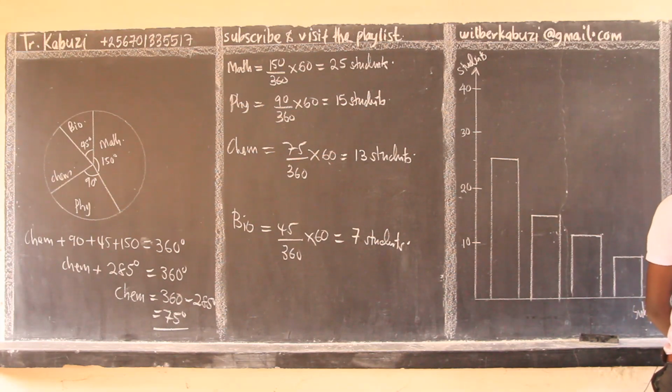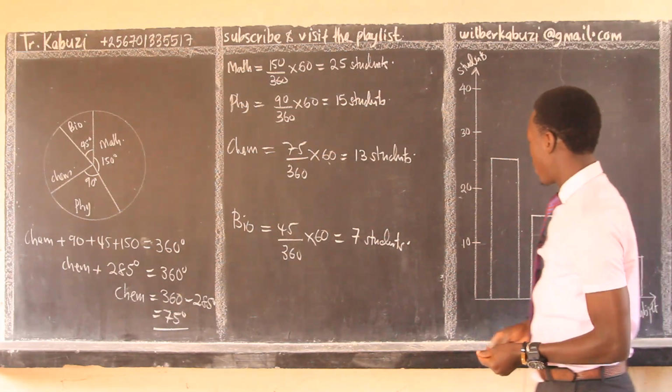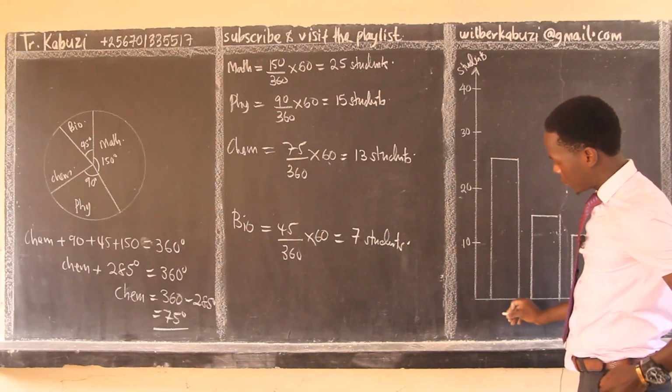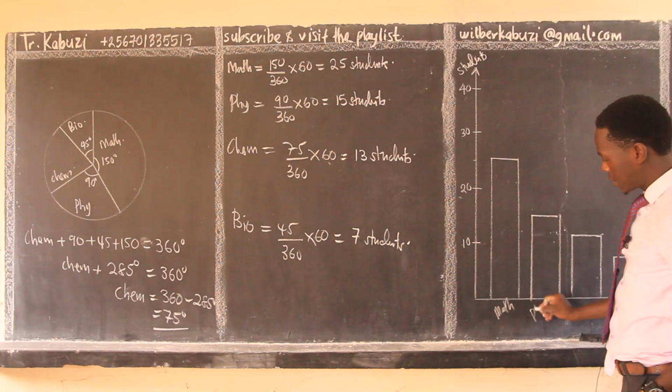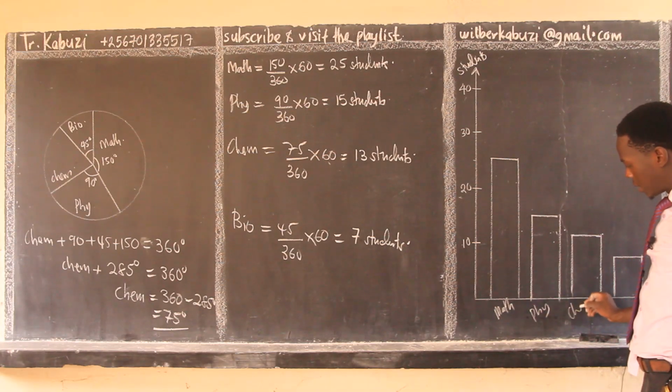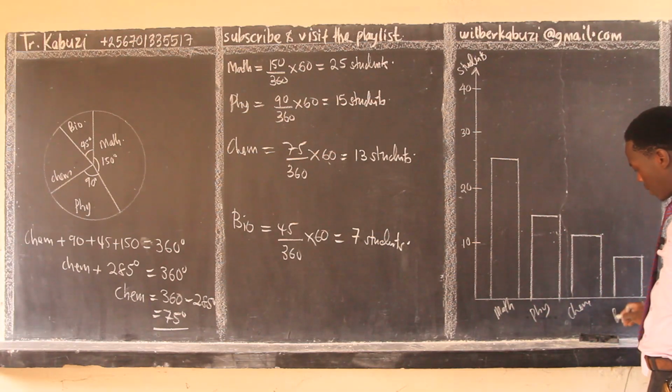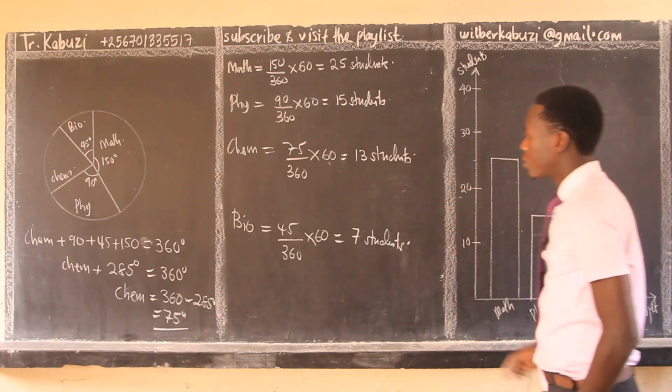Now that is how you label: this one is going to be math, this one is physics, this one is chem, then this one is biology. So that's my bar chart.